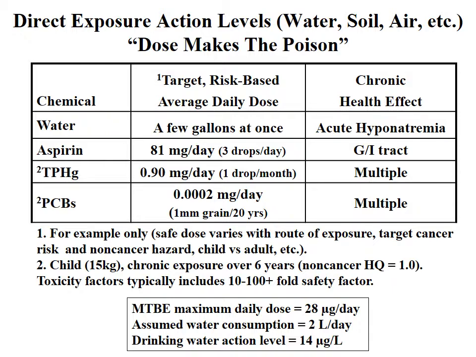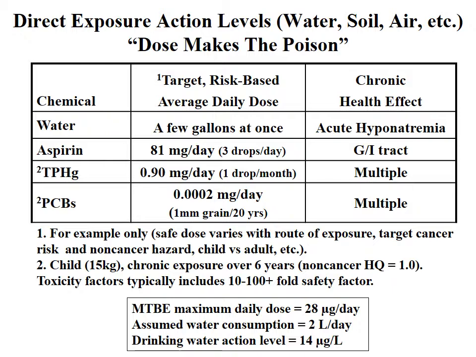For any chemical, they come up with a toxicity factor, and you look at other factors, including body weight and how many days per year exposed. But you essentially develop these risk-based average daily doses. And you see here the example for a child, assuming 15 kilograms and chronic exposure over 6 years. The dose here for PCBs is the non-cancer hazard quotient equal to 1.